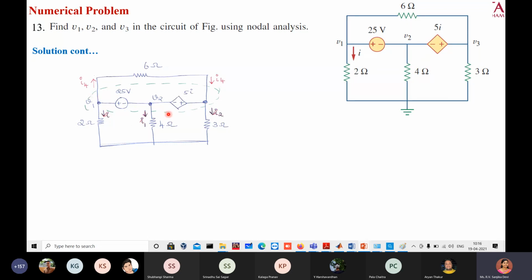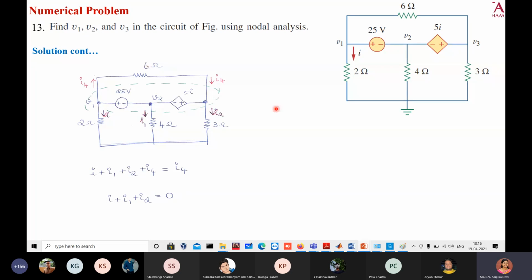Okay. So we have to always consider all the branches connected to the supernode. So here there are 5 branches, 4 currents are leaving and 1 current is entering. So if you write the nodal equation, we can write I plus I1 plus I2 plus I4 is equal to I4. Okay. So this I4 gets cancelled and we will get I plus I1 plus I2 is equal to 0. And that is the reason why we consider the 6 ohm also as a single supernode.